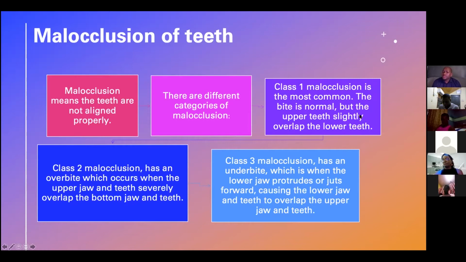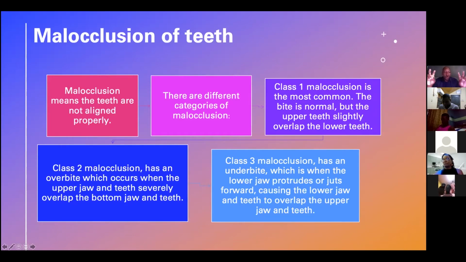The bite is normal, but the upper teeth slightly overlap the lower teeth. So with a class 1 malocclusion, you can have the upper maxilla slightly protruding approximately 1 to 2 millimeters over the lower mandible, and this is normally known as a normal bite.